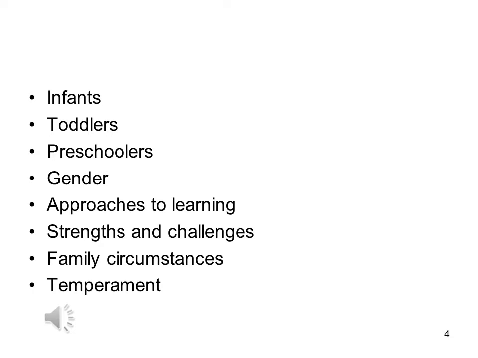We do need to consider family circumstances, because families actually provide children with their very first bonding experience. Those are their first relationships. That's where they first learn to trust and often to mistrust. And so we really want to help families learn how to preserve children's innocence while offering them protection and love and encouragement and guidance.